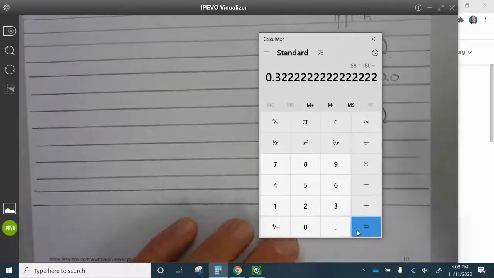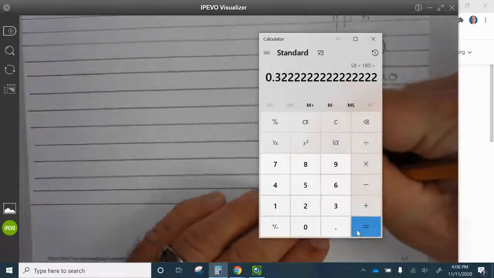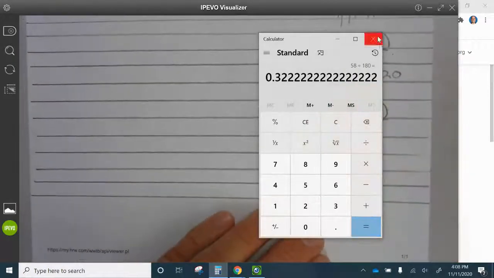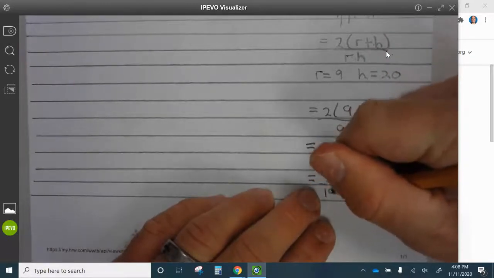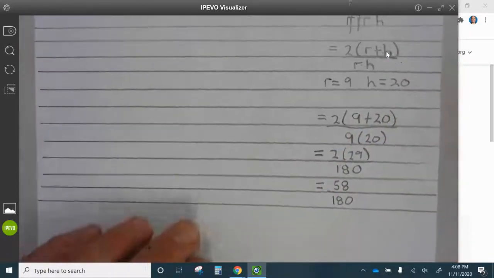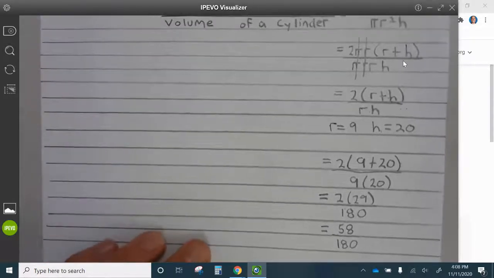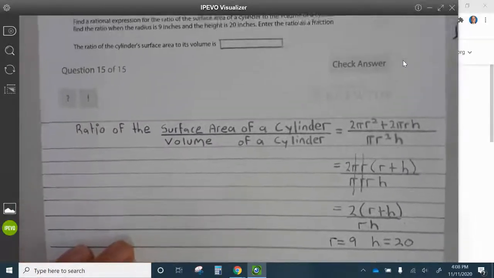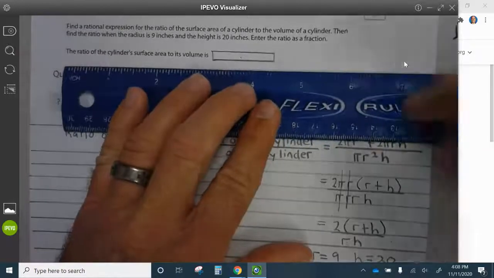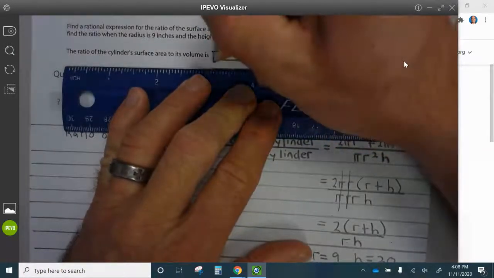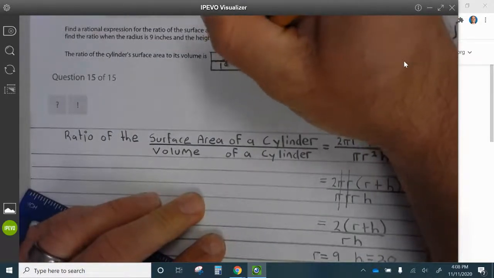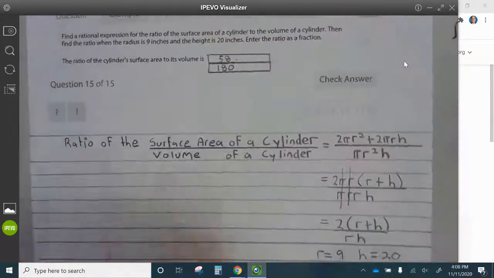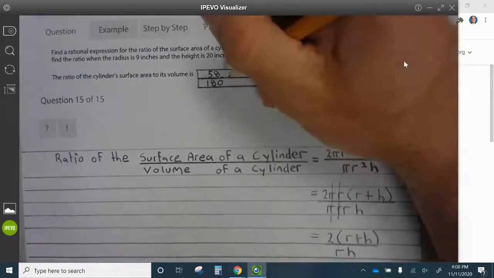So I would say to leave this as 58 divided by 180. But I have an eerie feeling that they're going to want you to reduce that.